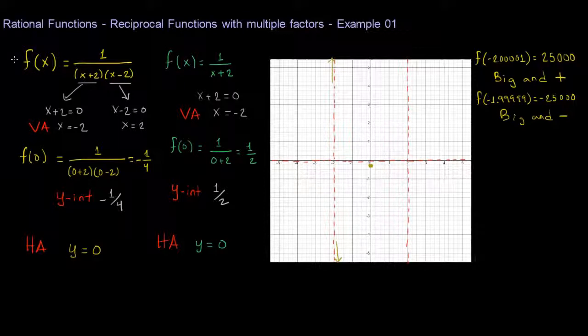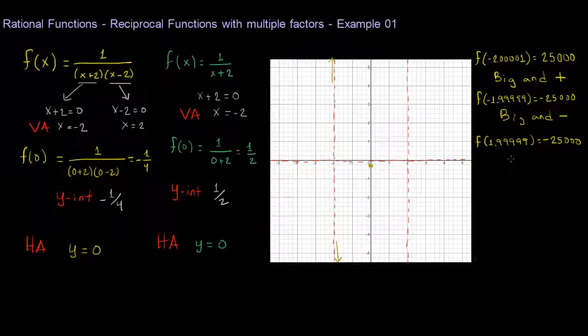Now I'm going to do the same steps I did here, but now with a +2. With a number that is slightly smaller than 2, I'm going to use 1.9999. Now, you may find this funny: the result, if you evaluate this in the function, is again -25,000.